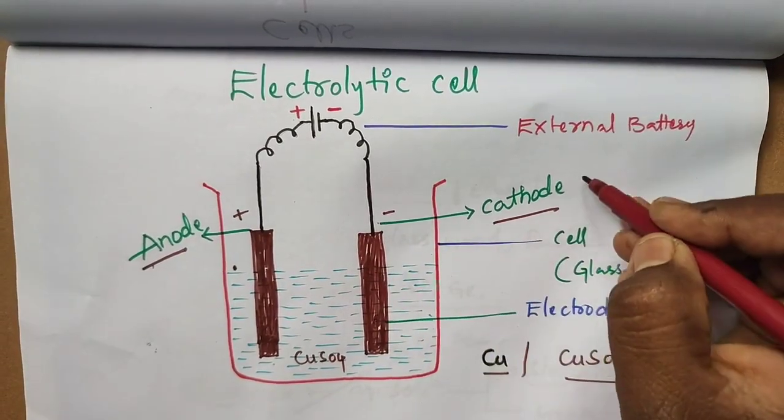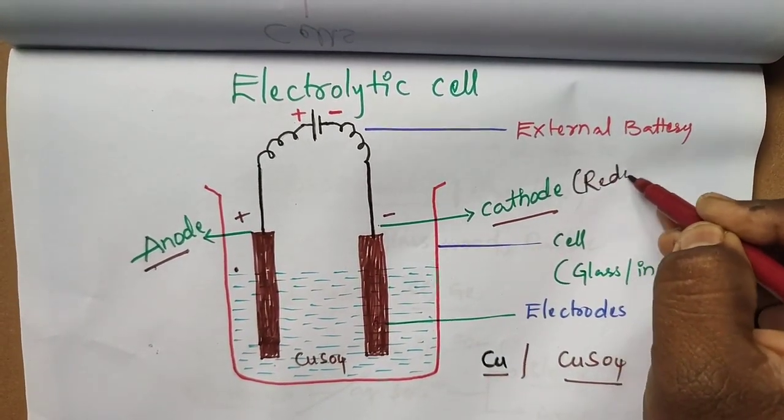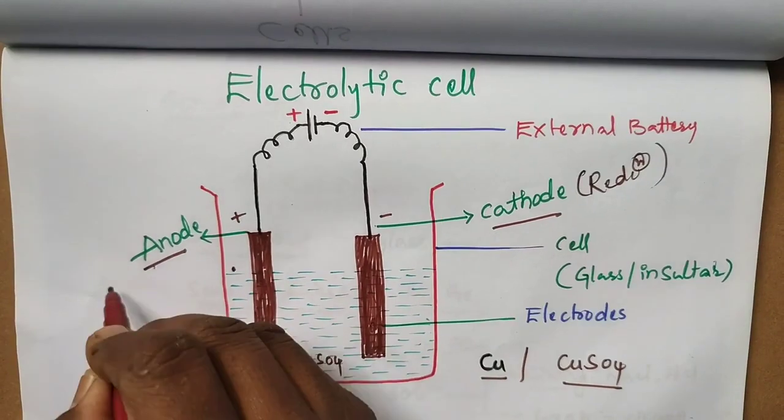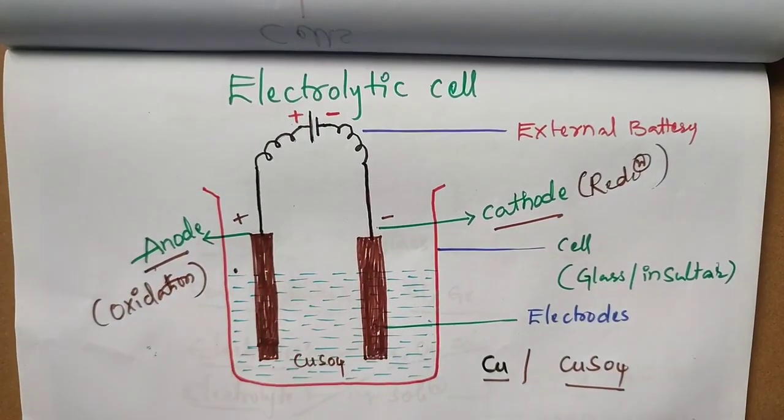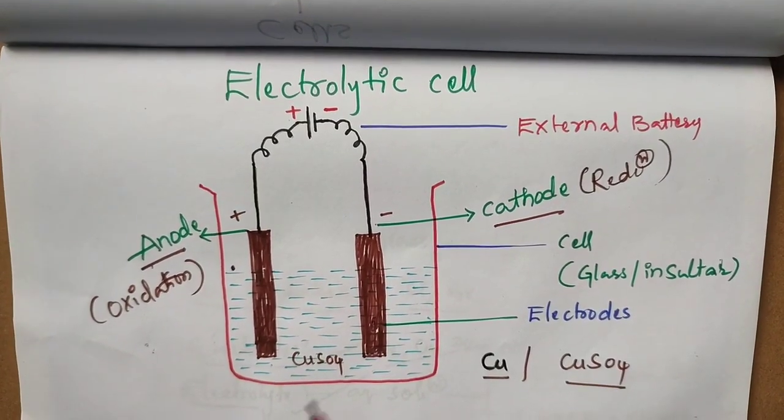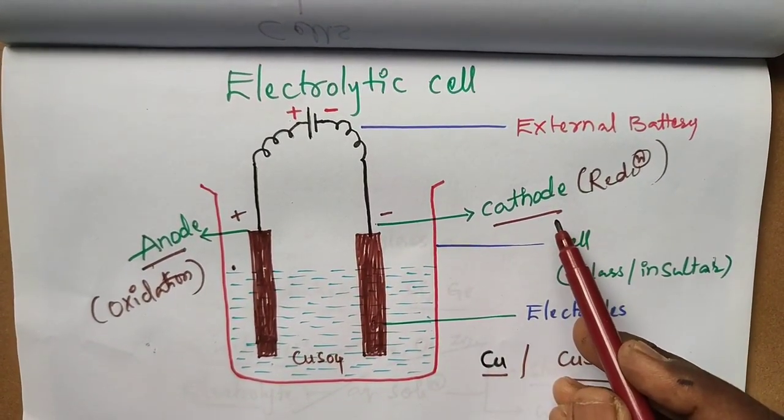At the cathode, reduction takes place. At the anodic position, oxidation; at the cathodic position, reduction.